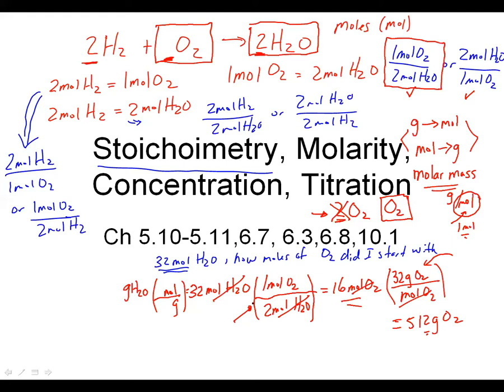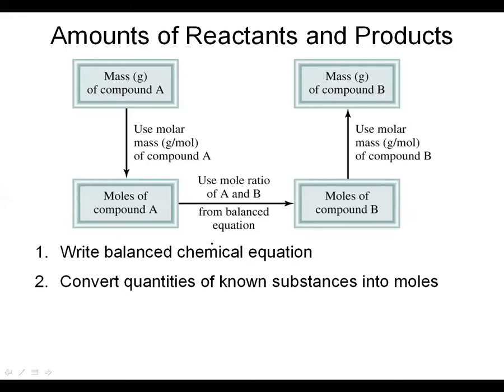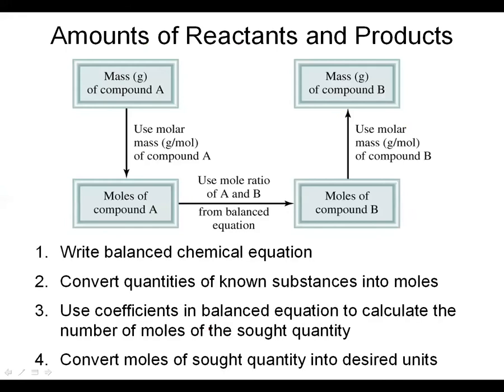So molar mass is strictly just take the formula by itself, add up all the parts, and that gives you the grams per mole. All right, so let's take a look at these 4 important steps when we are doing a stoichiometry problem.